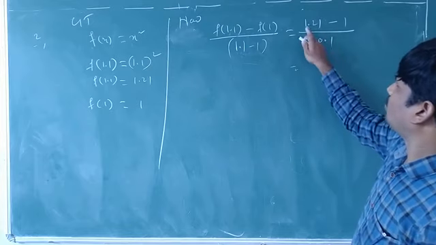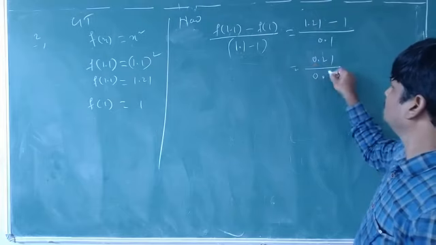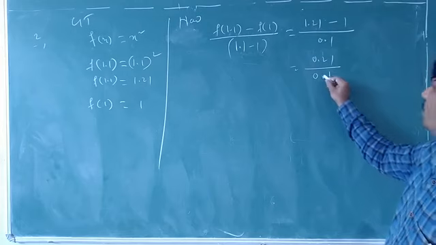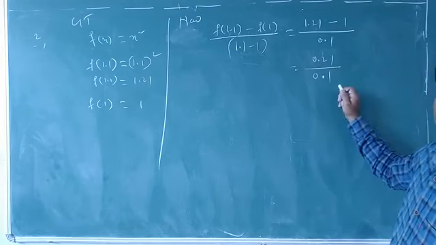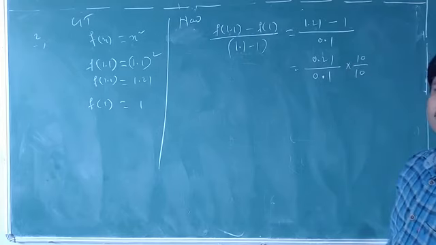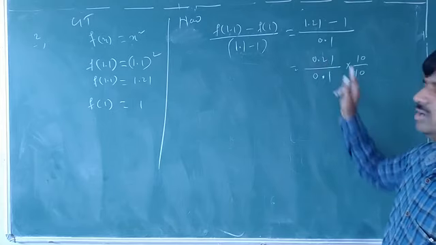Subtract here: 1.21 minus 1 is 0.21, by 0.1. Now what am I doing here? If you multiply by 10 and divide by 10 here, the denominator will become 1, and you will get 2.1.